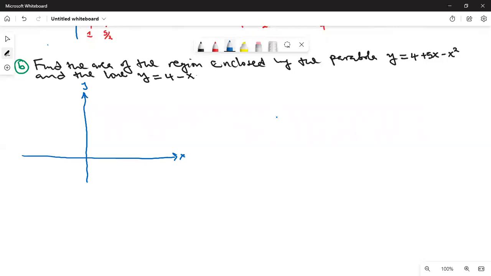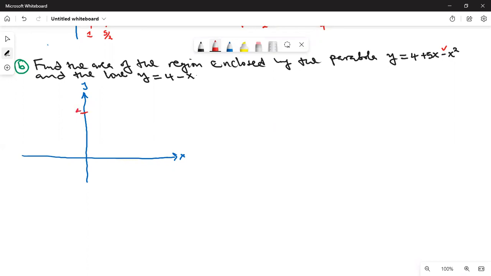So start by drawing y equals 4 plus 5x minus x squared. If you look at this one, the negative here means that your curve must be concave down. And the 4 here is the y-intercept, so it should be a graph that touches the y-axis at 4.